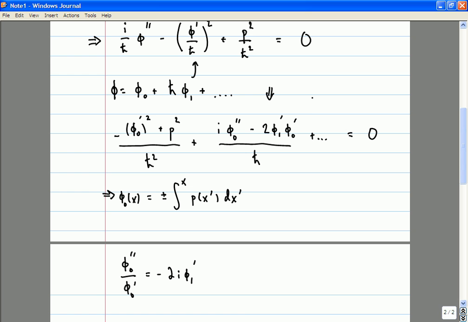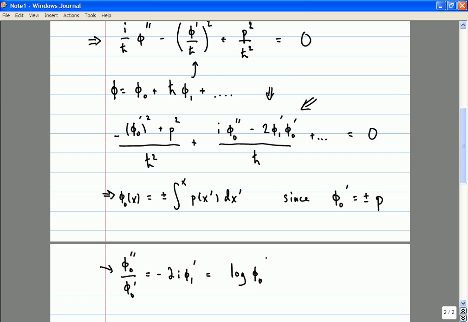That's just this coefficient here. And then using the expression for phi naught above, where phi naught prime is equal to plus or minus p, we note that the left-hand side of this equation can be written as the derivative of the log of phi naught prime.